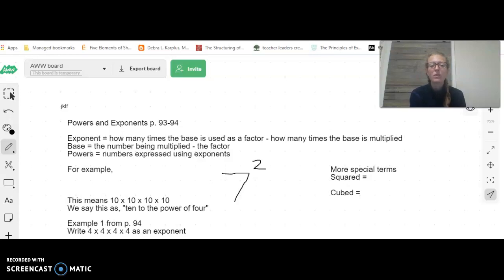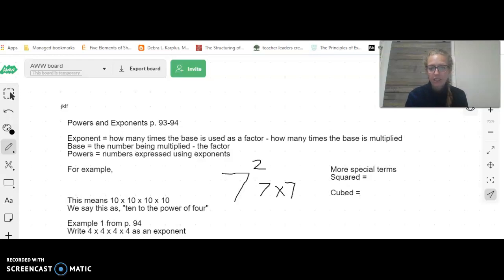It means I'm multiplying 7 two times. So 7 to the power of 2 would look like 7 times 7. And we know that 7 times 7 equals 49. Excellent.